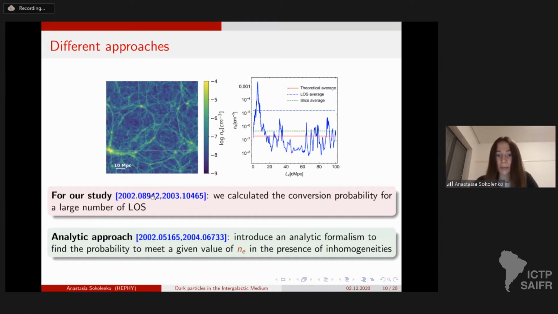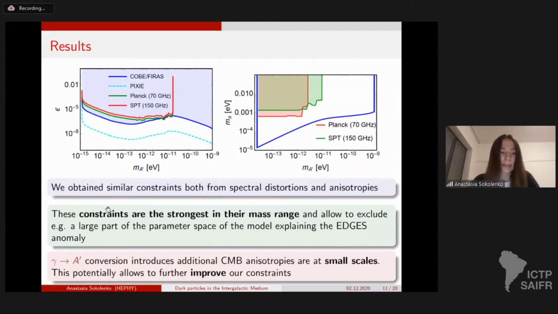And another approach people did was an analytical approach, and we get more or less the same results using simulation and the analytical approach. And here are some results.